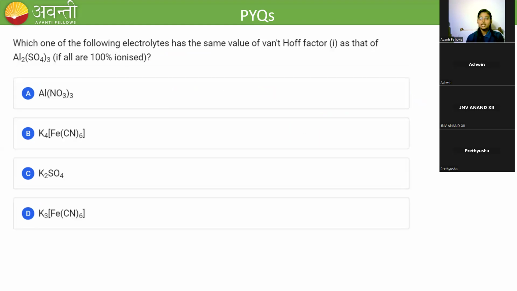Which one of the following electrolytes has the same value of Van 't Hoff factor as that of Al2(SO4)3? How to find out? Just now I have said. To find out the Van 't Hoff factor, we have to first dissociate the compound. It is Al2(SO4)3. It will be dissociated like 2Al3+ and 3SO4 2-. So yesterday I gave you that formula, right?